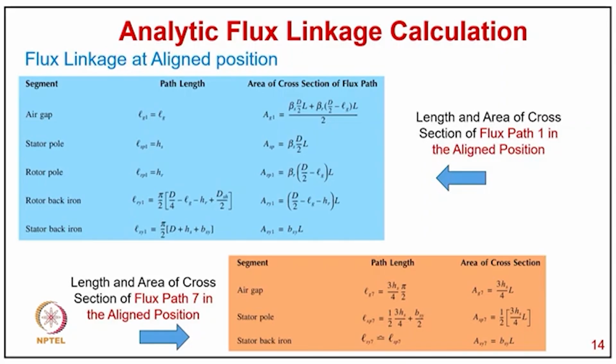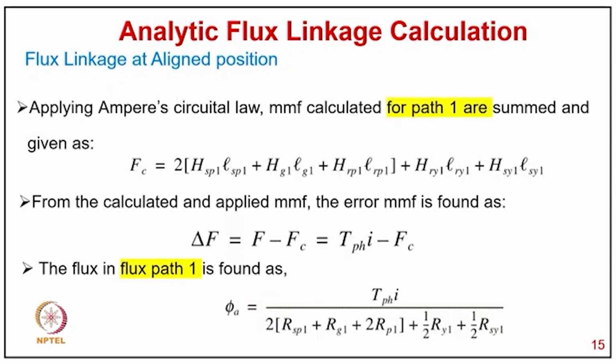So for the air gap we can say LG7 equal to 3HS by 4 into pi by 2, and the area corresponding to AG7 equal to 3HS by 4 into L. Similarly for the stator pole LSP7 equal to 1 by 2 in bracket 3HS by 4 plus BSY by 2, and ASP7 equal to half in bracket 3HS by 4 into L. And similarly for the stator back iron LSY7 equal to approximately LSP7, and the area is ASY7 equal to BSY into L.